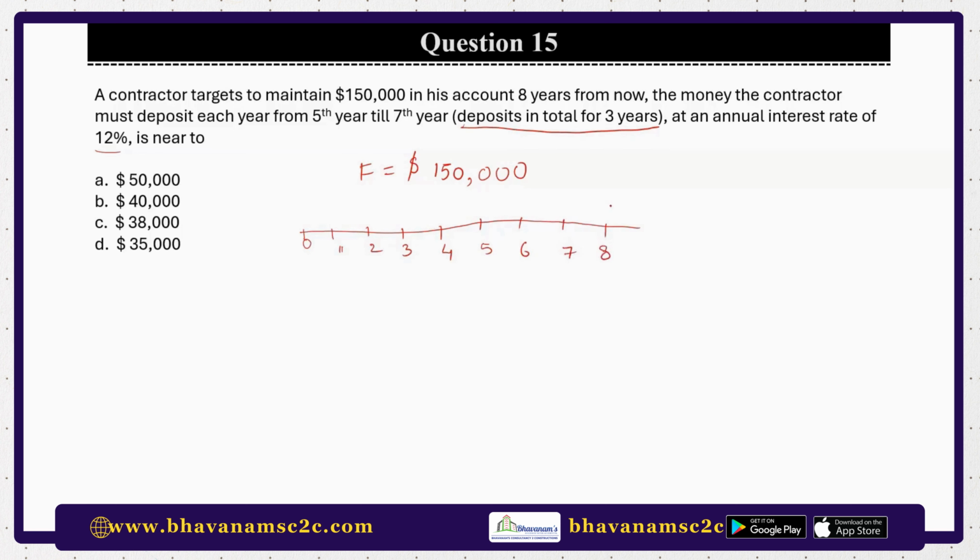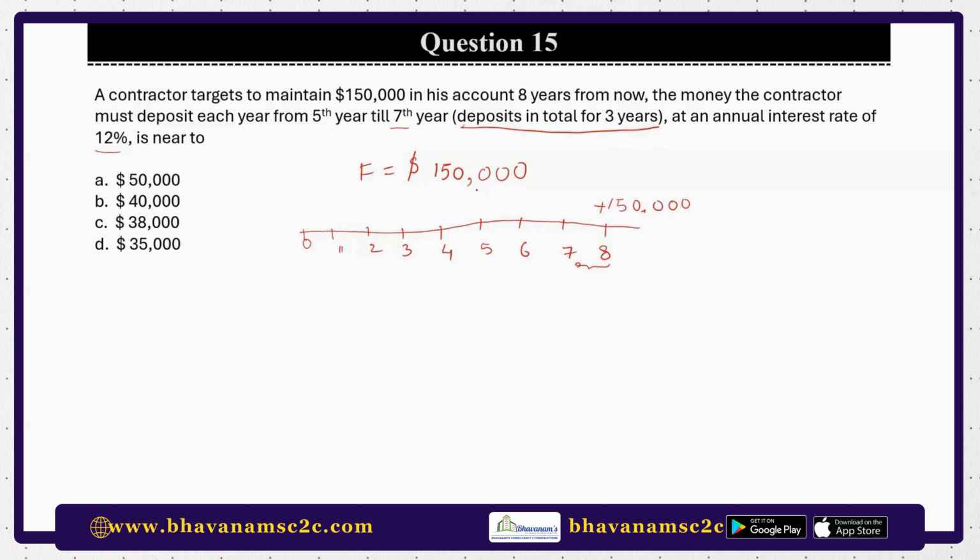And this is 8. And at the end of the 8th year, it should be 150,000. And when is he stopping the deposit? 7th year. So it means that from 7th year till 8th year, there is no deposit.